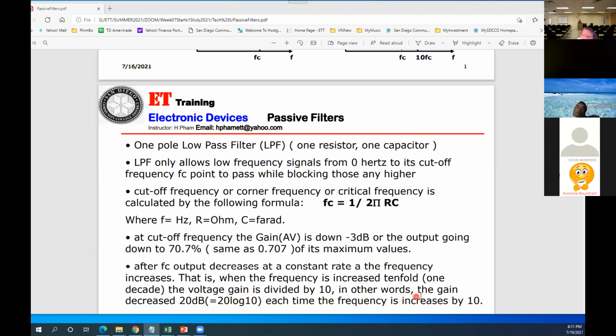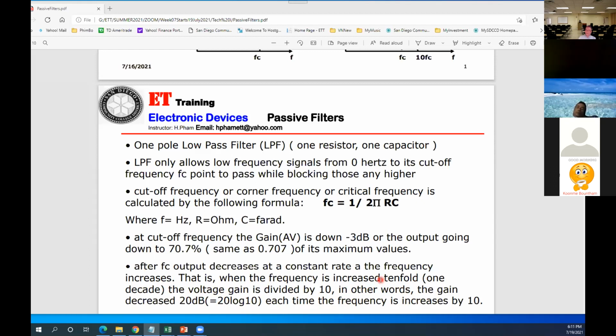In other words, the gain decreases 20 dB each time the frequency increases by 10. That's what we already talked about. Okay? On this part in here, you need to memorize.